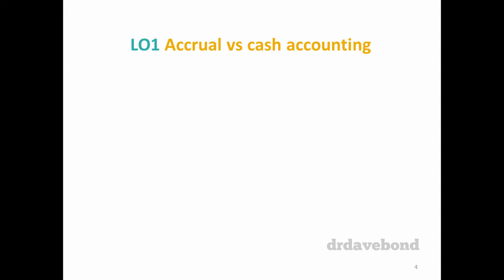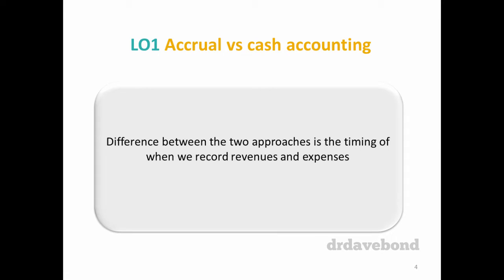So accrual versus cash accounting. The difference between the two approaches is the timing of when we record revenues and expenses. If Ishtiaq is a small trader, he would actually be using a cash system. Most of us as individuals don't use accrual accounting for record keeping about what we spend money on and earn.